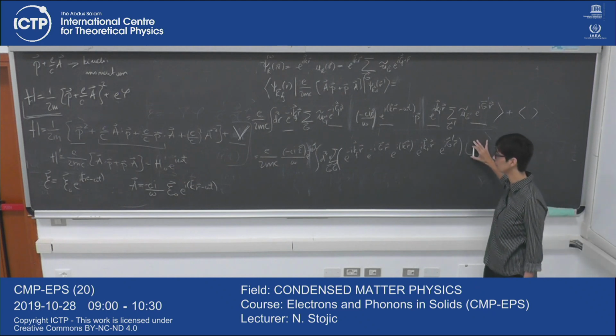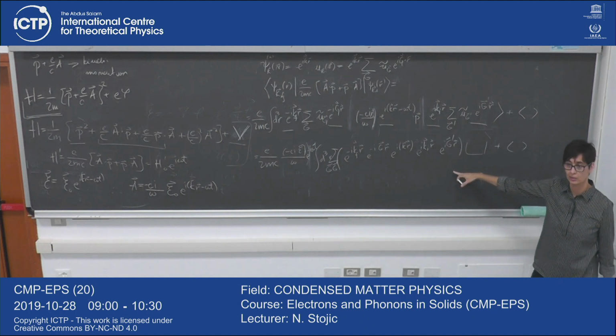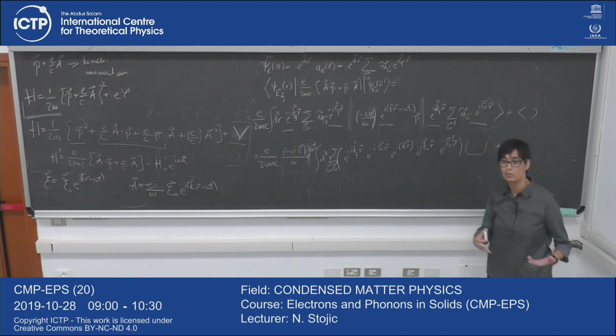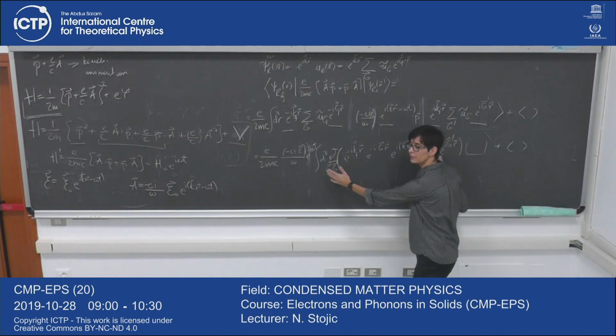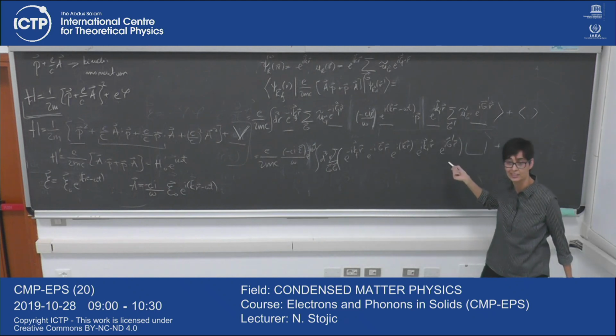Here I have something which will give some non-zero term. I have to get the right condition on the exponents. They have to be equal, momentum conservation. I'm saying, when will this integral be non-zero? Because all these guys are periodic.